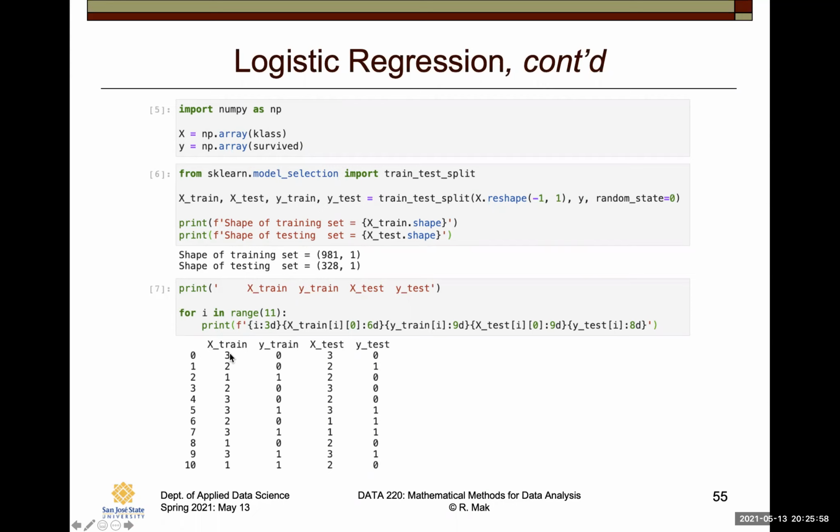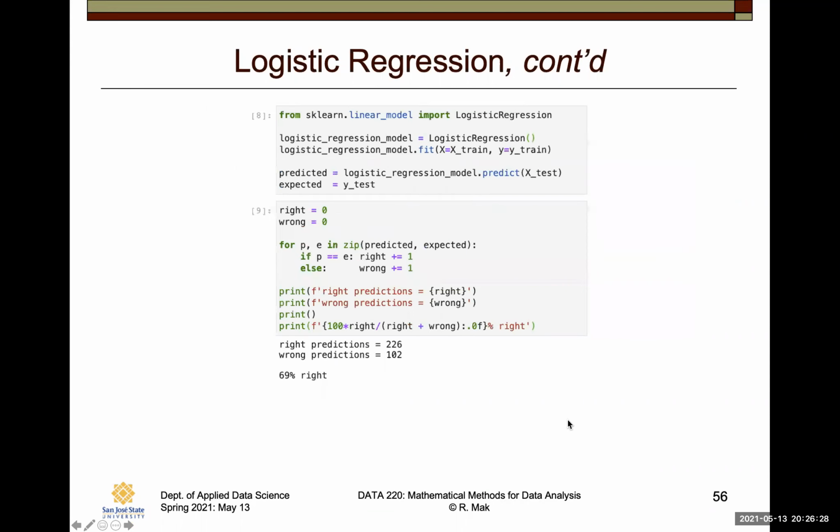You can see that the X values, the class, are either 1, 2, or 3, and the Y value, which is what we're trying to predict, is either 0 or 1. Then here's the testing set. Of all the rows, 981 ended up in the training set, and 328 rows are in the testing set.